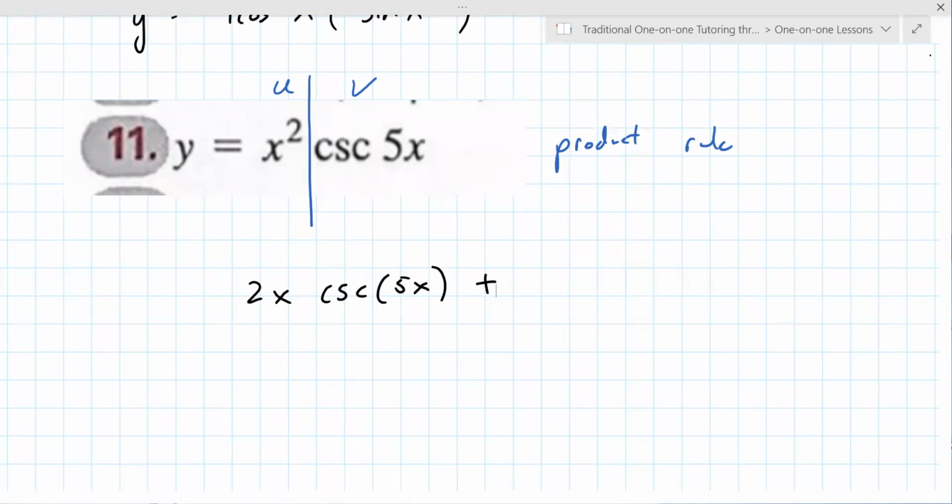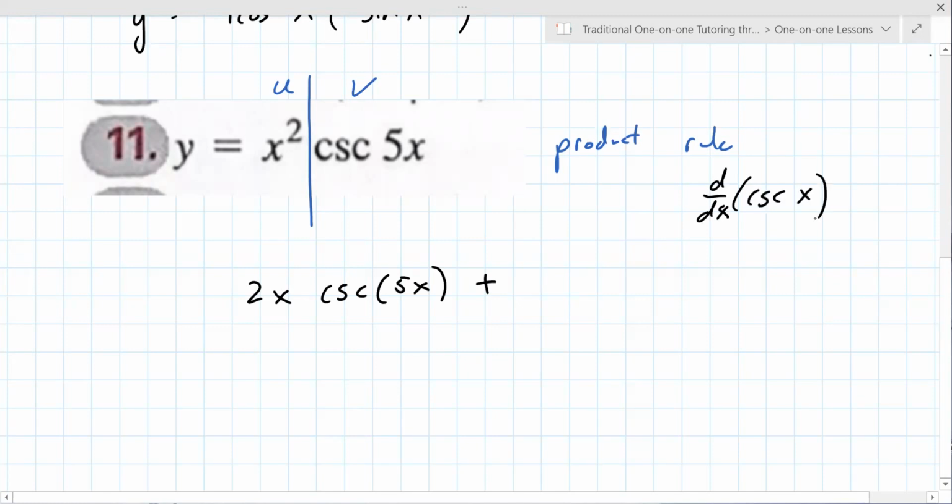But yes, it's similar to secant in that it has itself in the derivative.